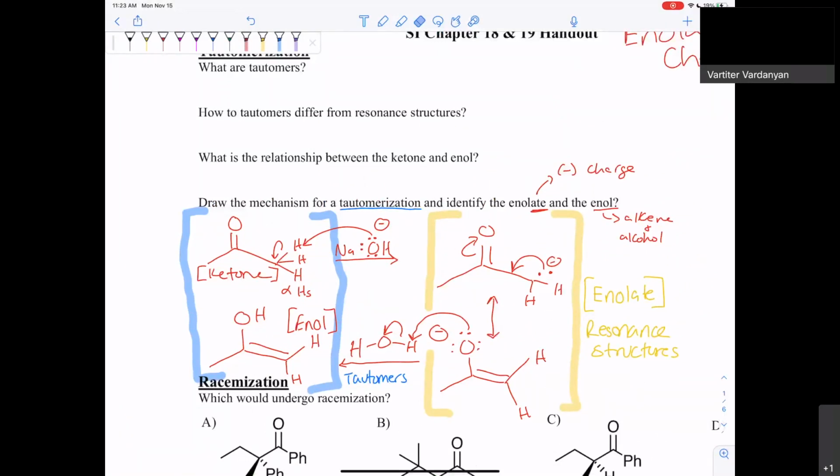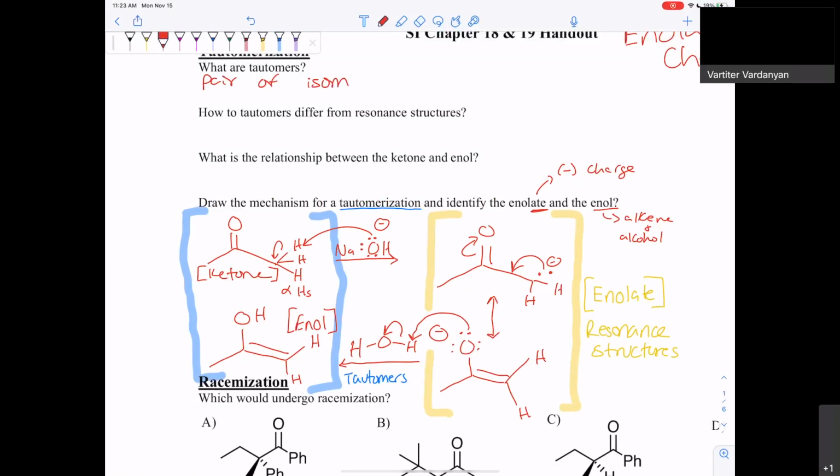So what are tautomers? I'll give you guys the definition. Tautomers are a pair of constitutional isomers that rapidly interconvert in acid or base. So I'm going to write a basic version of that.